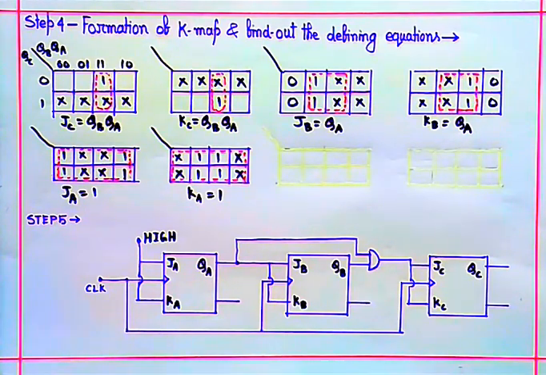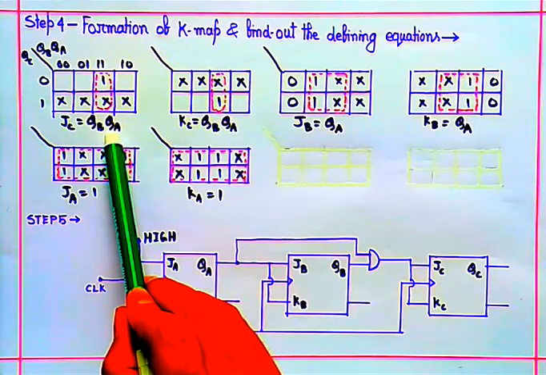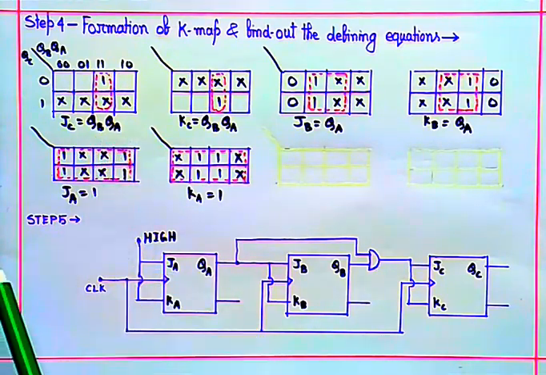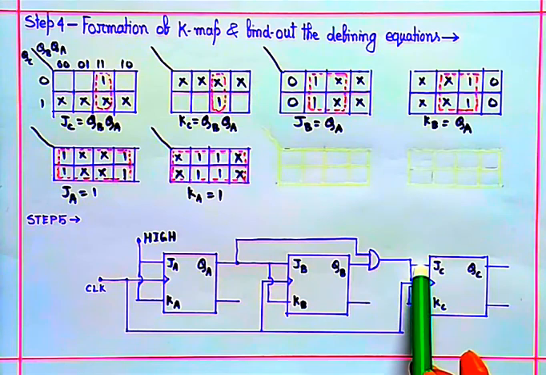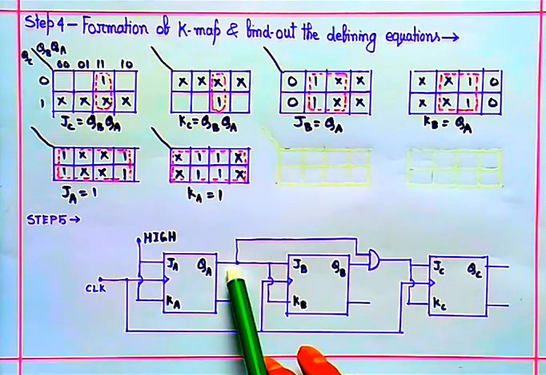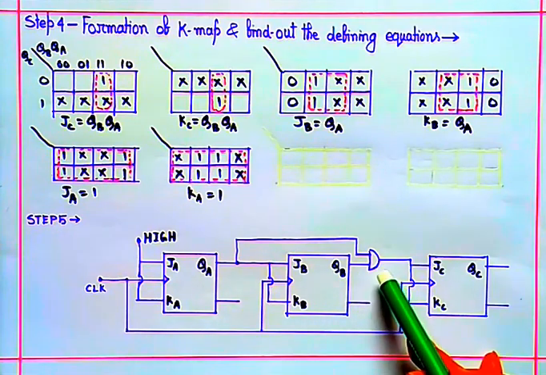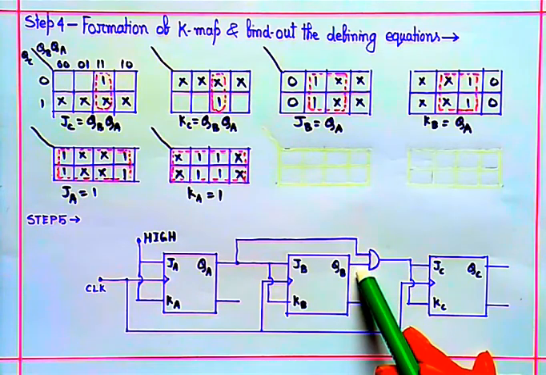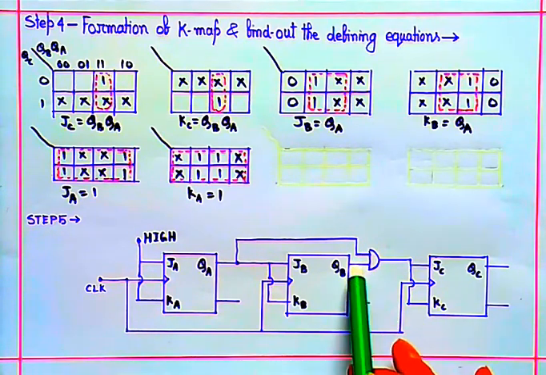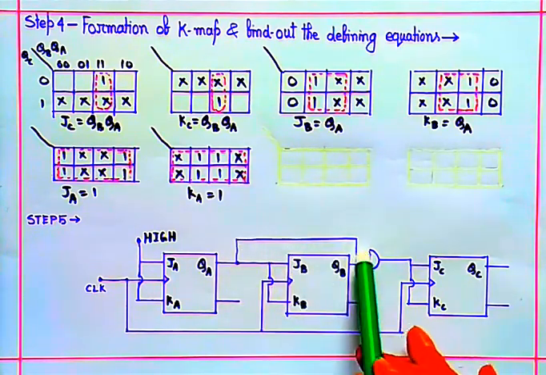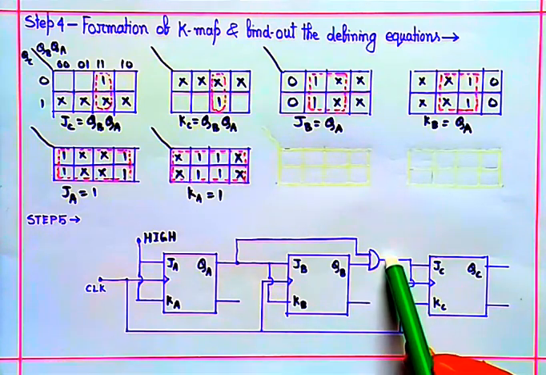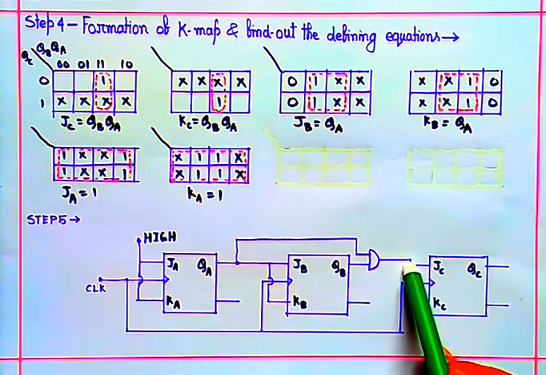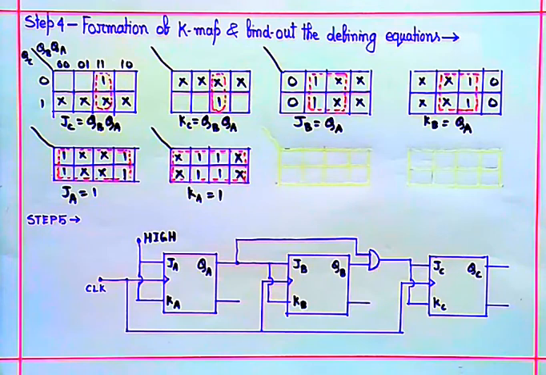Now notice that JC is equal to QB into QA. That means we have to place an AND gate, and the two inputs of the AND gate will be QB and QA, and the output of the AND gate will go to the JC pin.